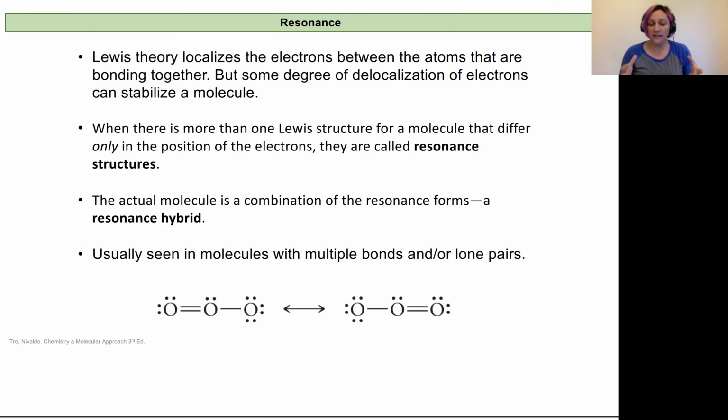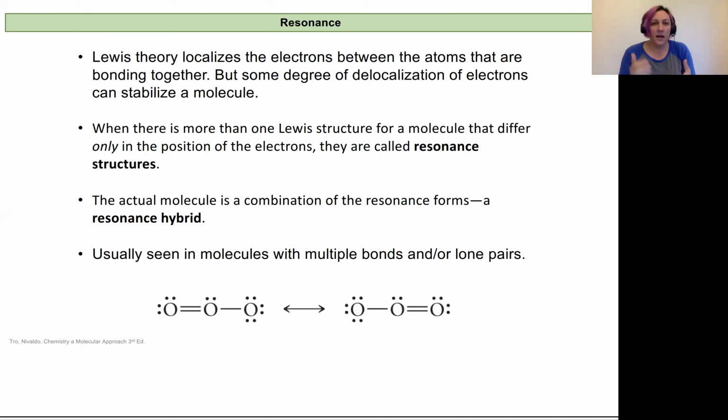Now this is going to be a modification to this idea of Lewis dot structures and how they represent molecules. In Lewis theory, electrons are localized between the atoms that are bonding together. To some degree, this makes sense because they're attracted to those two nuclei, so they'll spend more time in between the two nuclei.